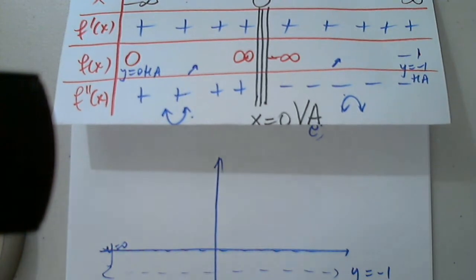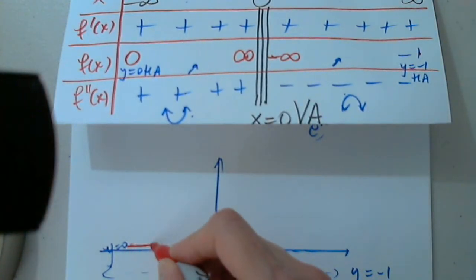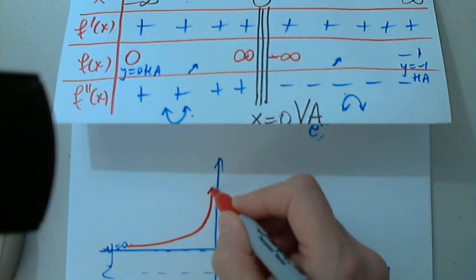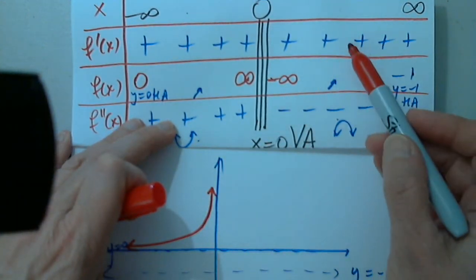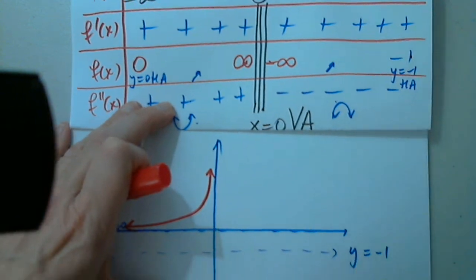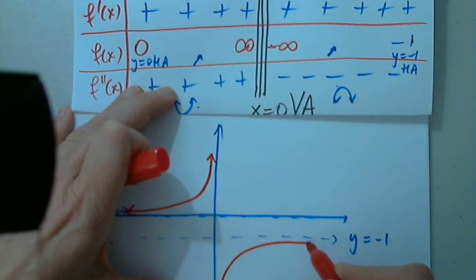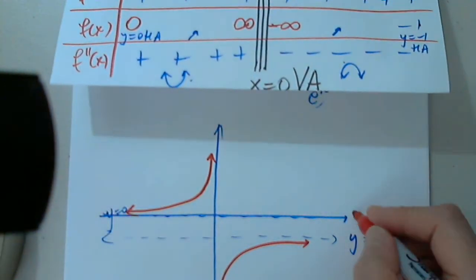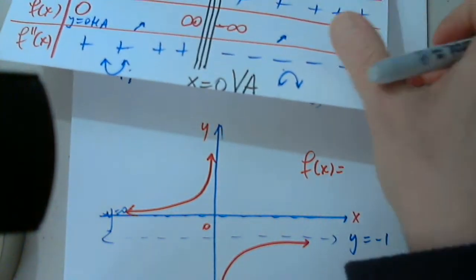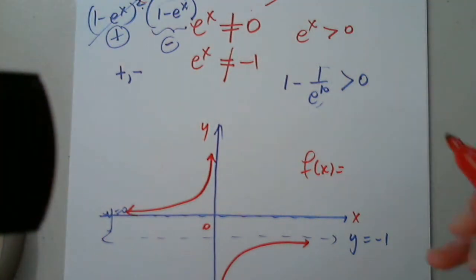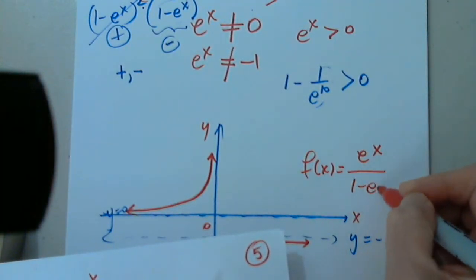Okay, let me use a different color. Coming from -infinity, increasing, opening down to -1. And this is the graph of f of x, e to the x over 1 minus e to the x.